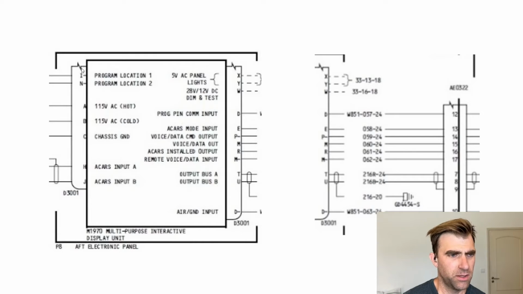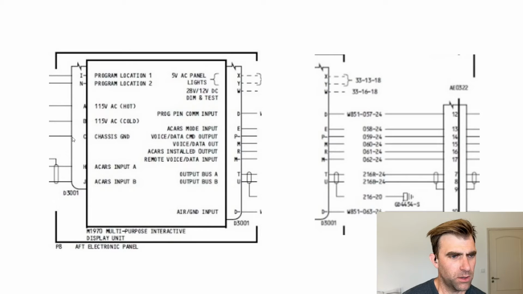Depending on how cramped the diagram is, they'll cut the component or wire or whatever it might be so that there's a break and that there are other pins going into the connector here.